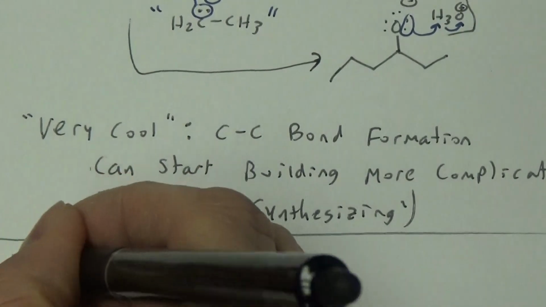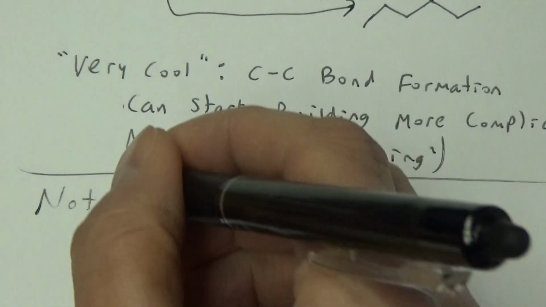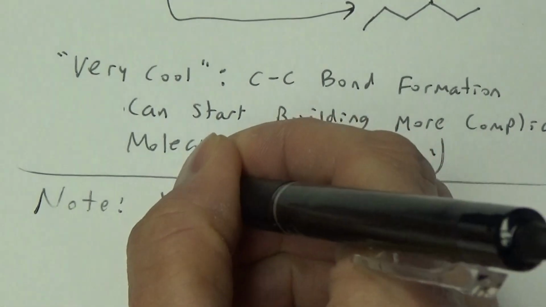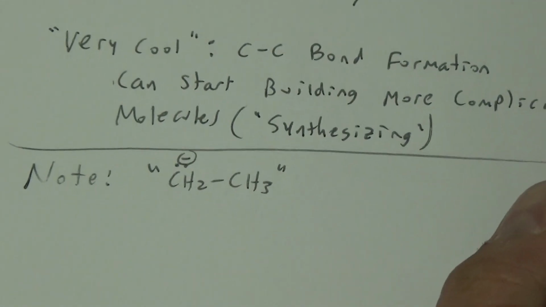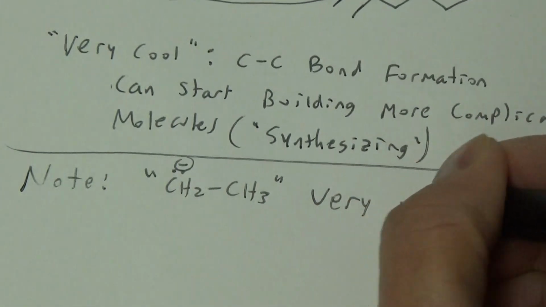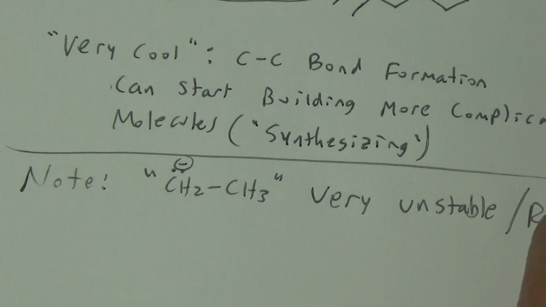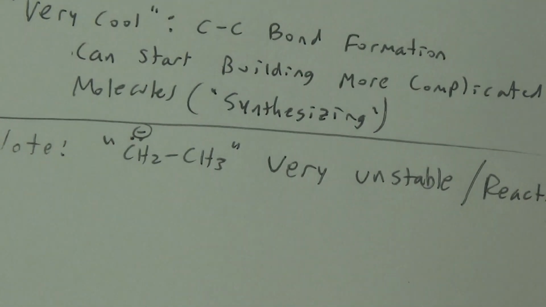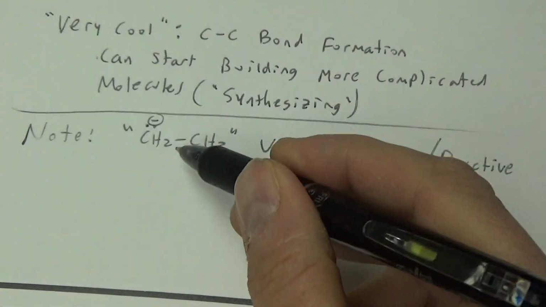A couple notes. This idea of CH2CH3 negative is very unstable and reactive. And so it's pretty sensitive. When you do this in the lab, you have to be very careful or you'll destroy this stuff.